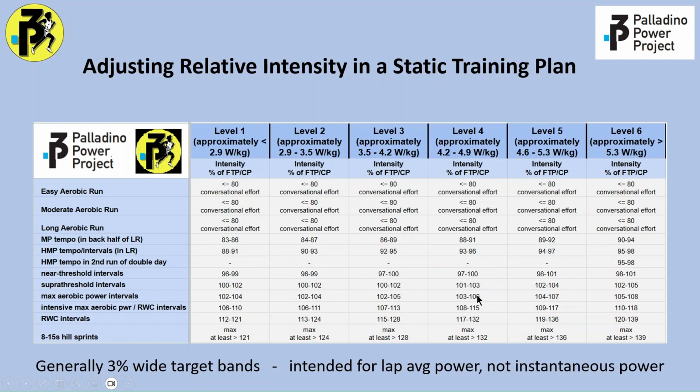And if you're finding max aerobic power intervals too easy, bump up to level 5 for that particular interval set. So that's one way to adjust things.